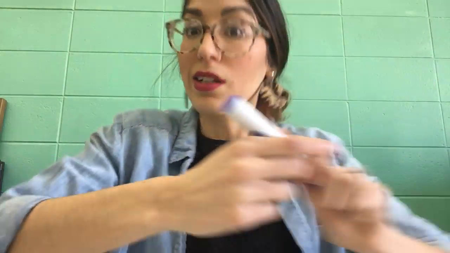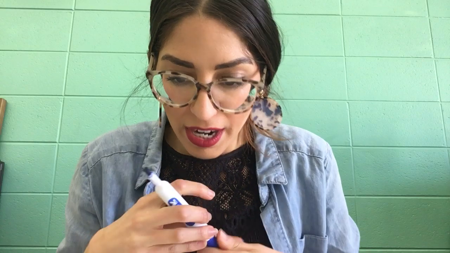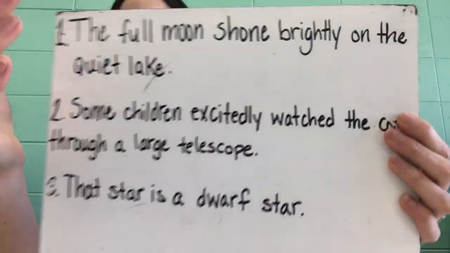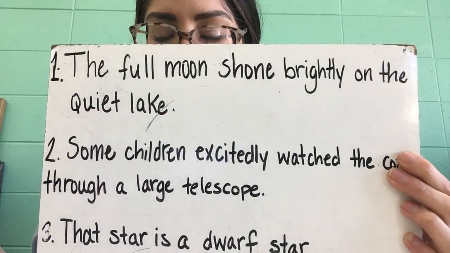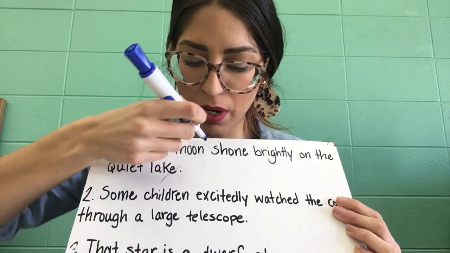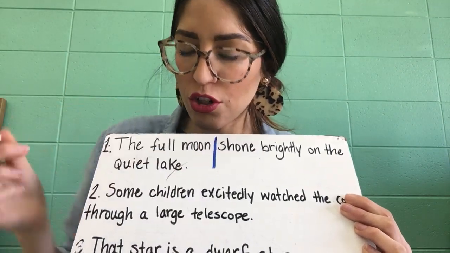All right, so let's go ahead and I'm going to do a different color, okay? I'm going to divide it. Where are we going to divide our subject and the predicate? The full moon shone brightly on the quiet lake. What do you guys think? That's right, between moon and shone.